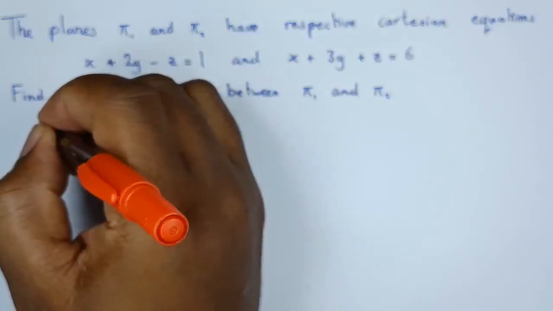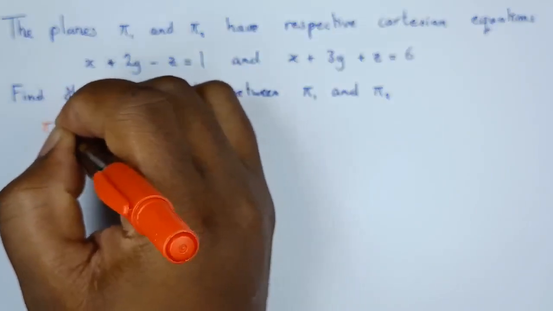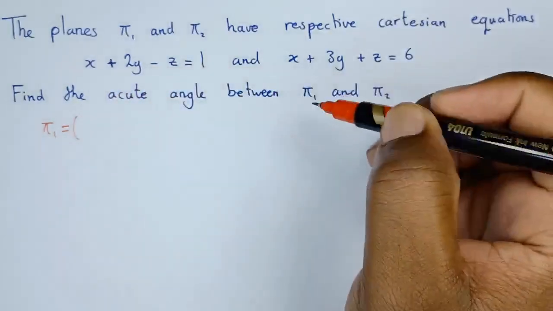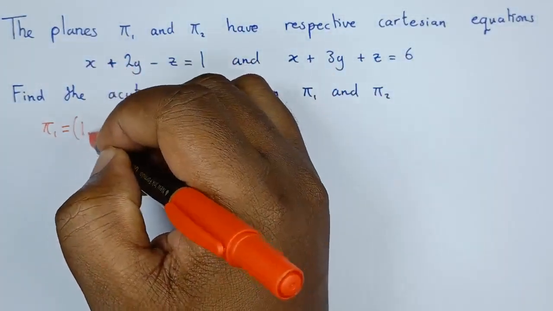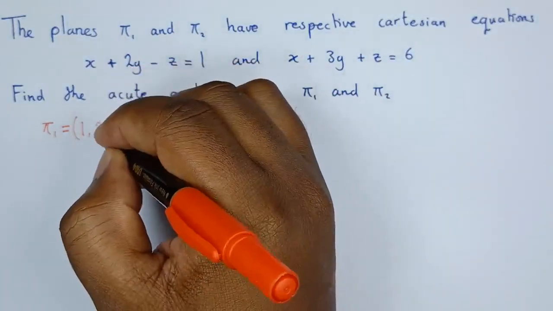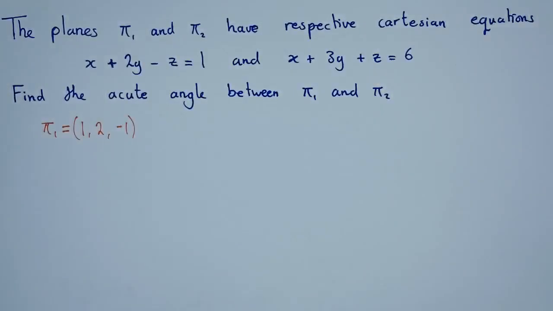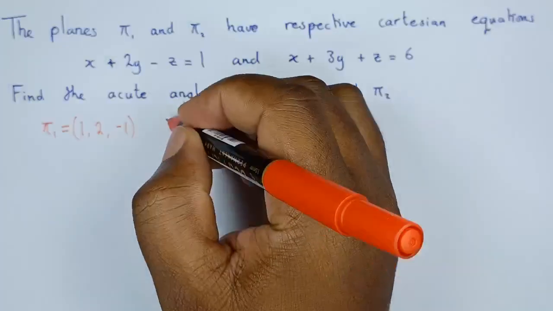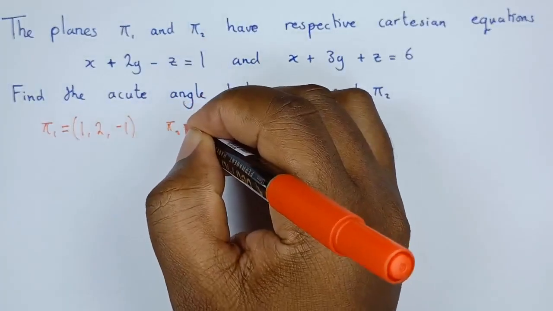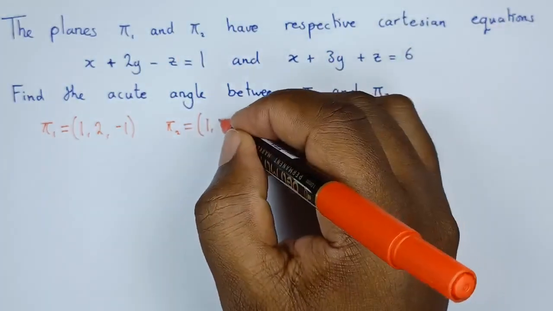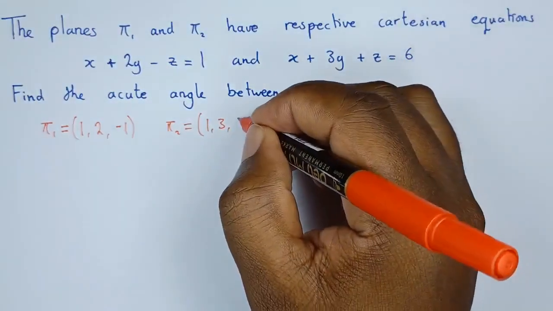So we can say pi 1 will be equal to, let's get the coefficients of x, y, and z, which are 1, coefficient of y is 2, coefficient of z is -1. Then for the second one, which is pi 2, this will be given by 1, comma, 3, comma, 1.